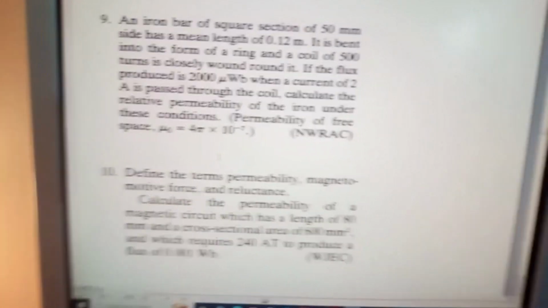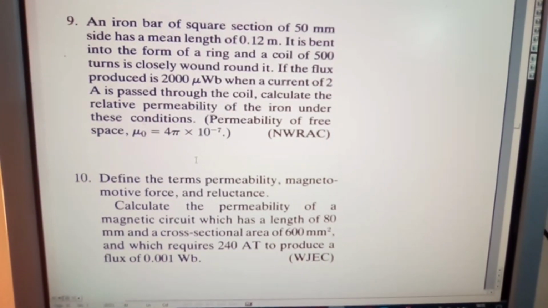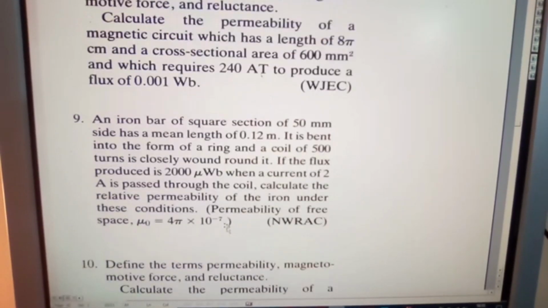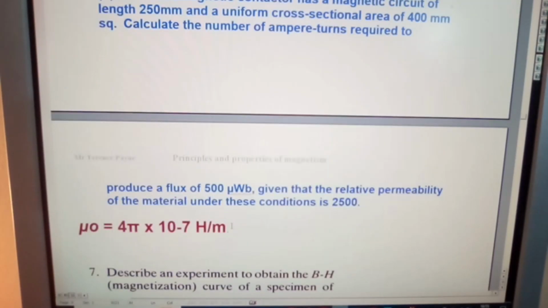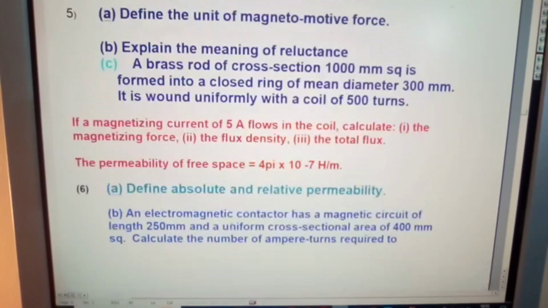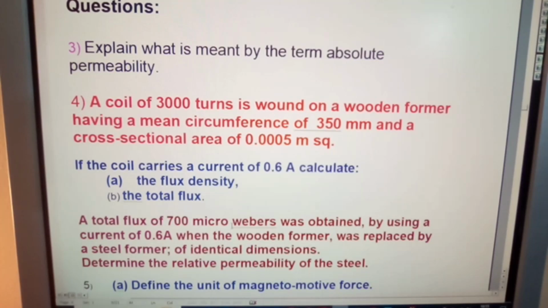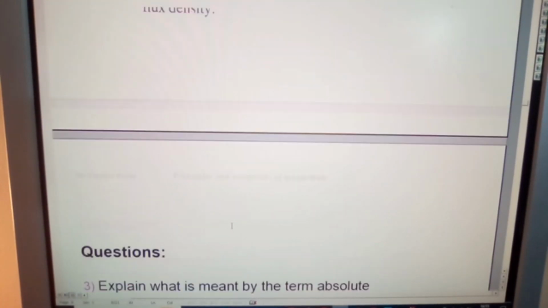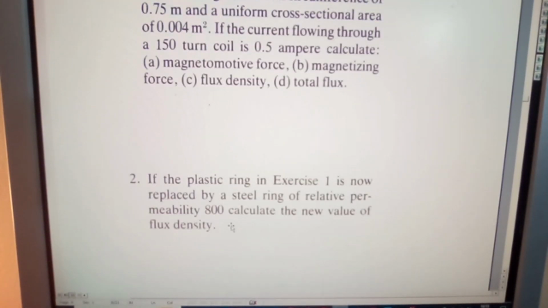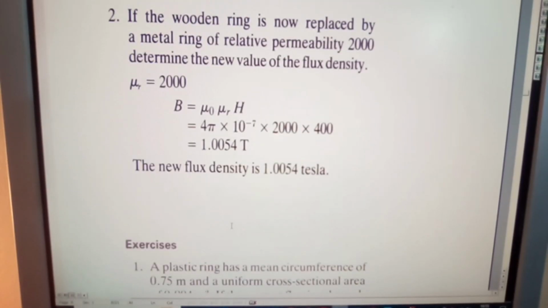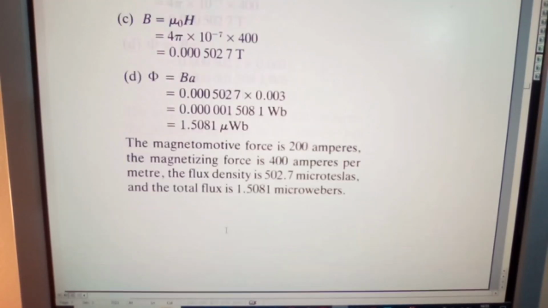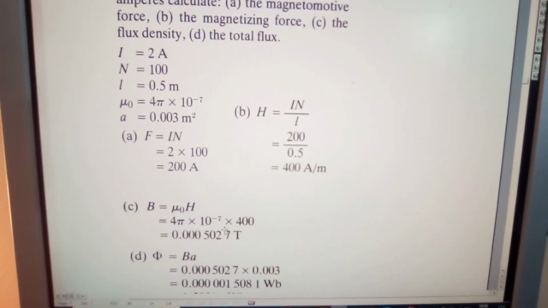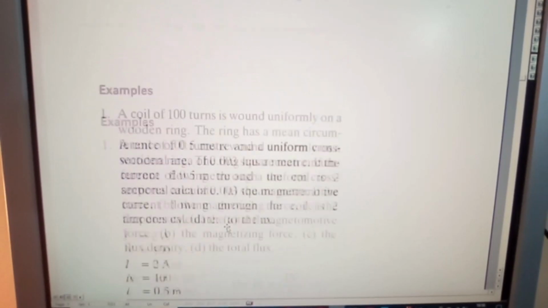I'm just going to recap, roughly, just to show you that these are linked and connected.